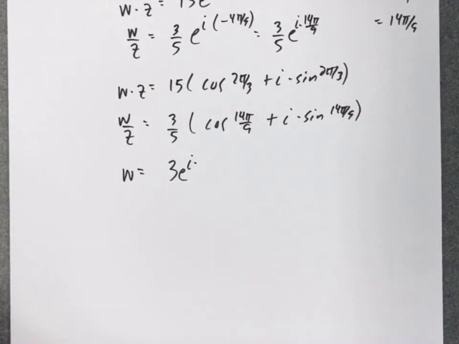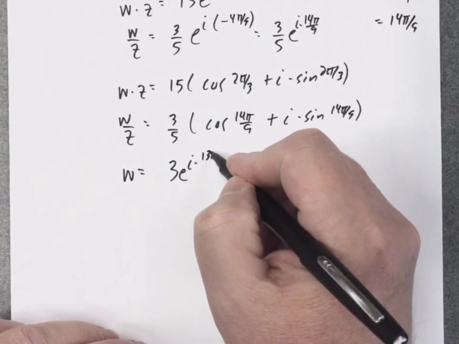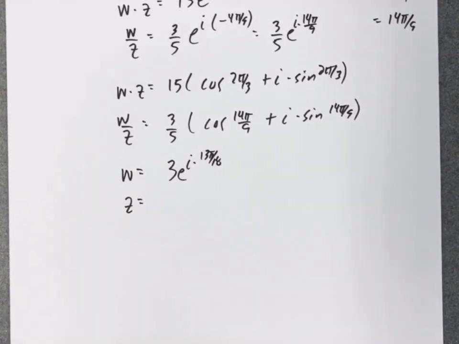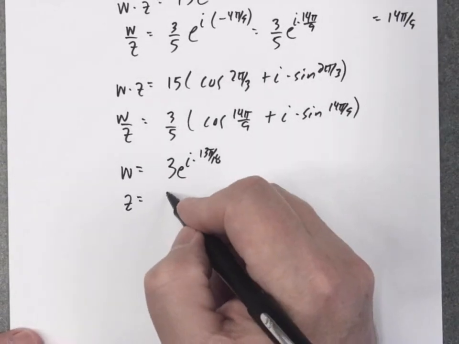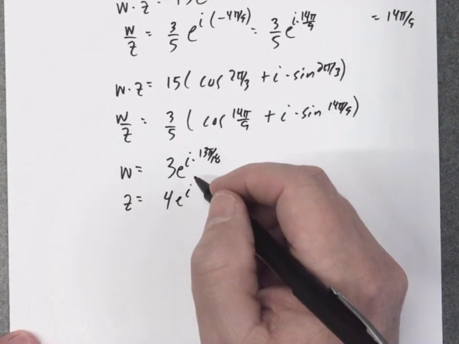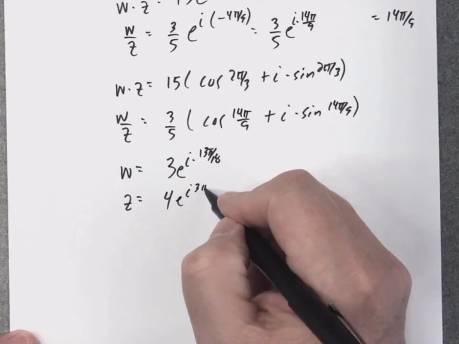Looks like e to the i 13 pi over 18. And then z was 4 e to the i 3 pi over 2.